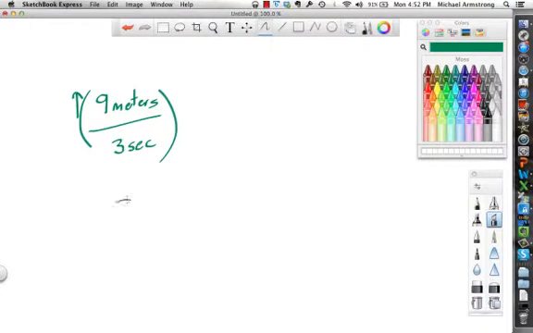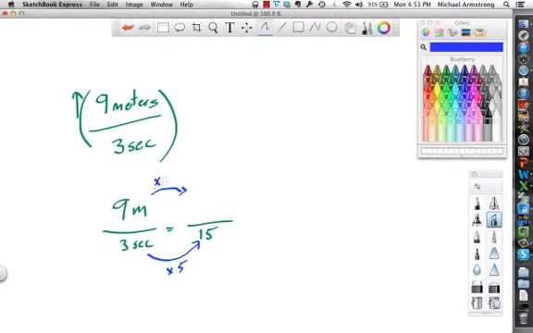So we'll write a ratio, 9 meters over 3 seconds. And the question asks, how much is it in 15 seconds? And we can immediately say, well, that's pretty easy. 3 times 5 is 15.